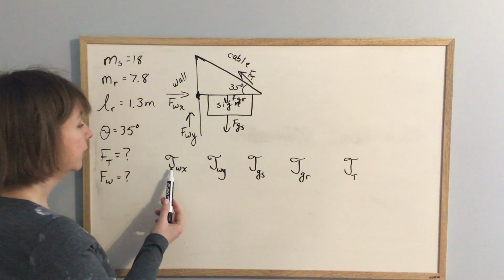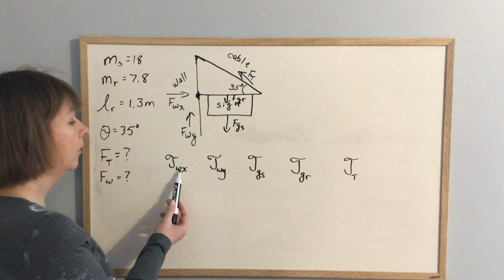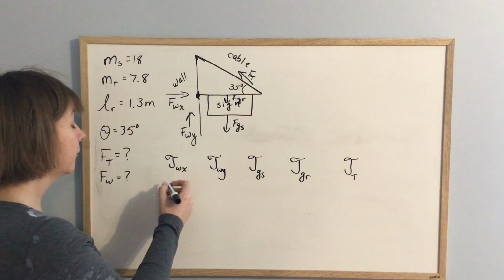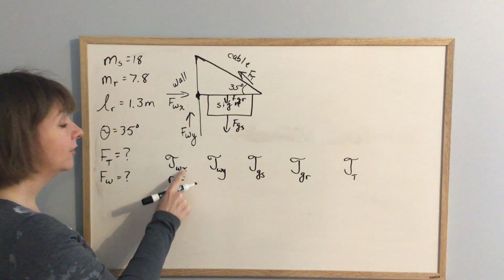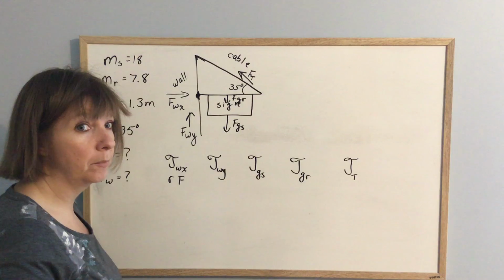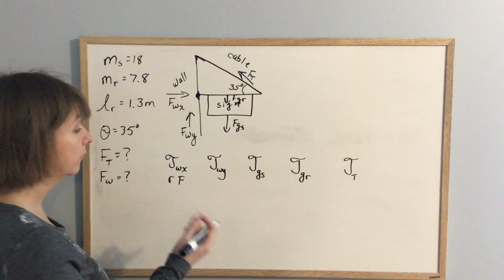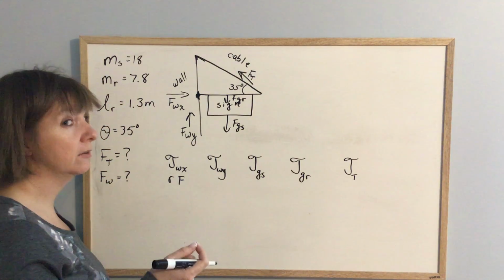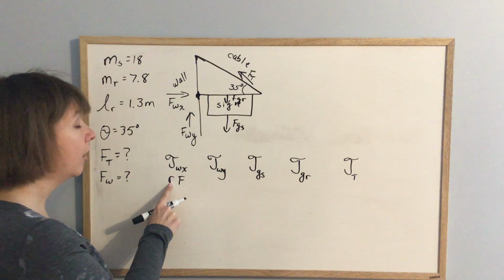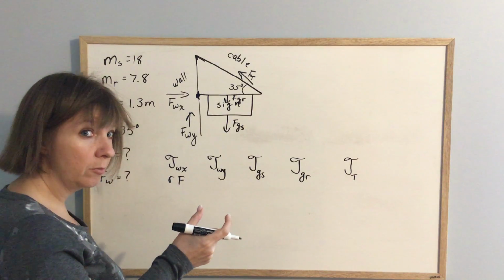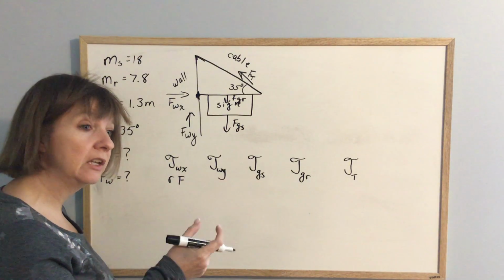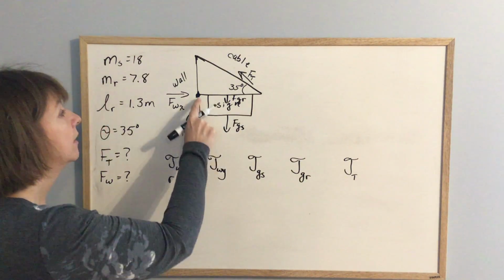First off, the torque because of the wall in the X direction. Well, remember, torque is R times force. I don't know what the X component of the force of the wall is, but actually it doesn't matter because my R is the distance between where the force is being applied and where the hinge or the pivot point is.